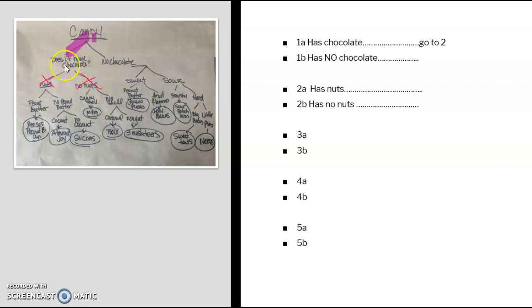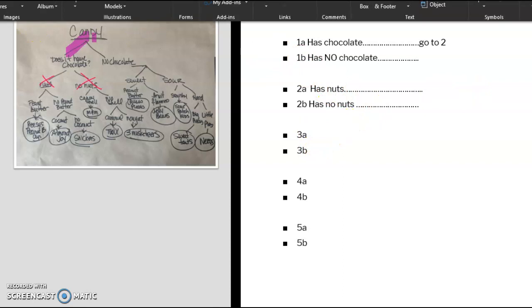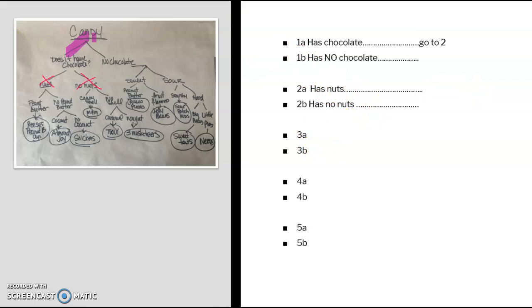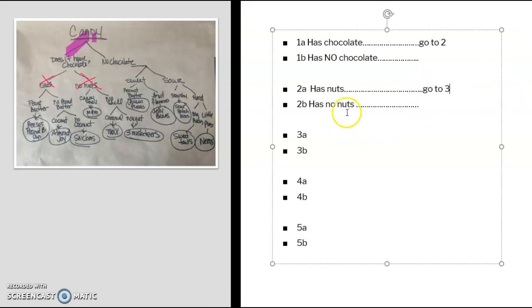Now we'll just continue going down this way. If the answer is yes, it has nuts, then we're going to go on to question number 3. So has nuts, go to 3.